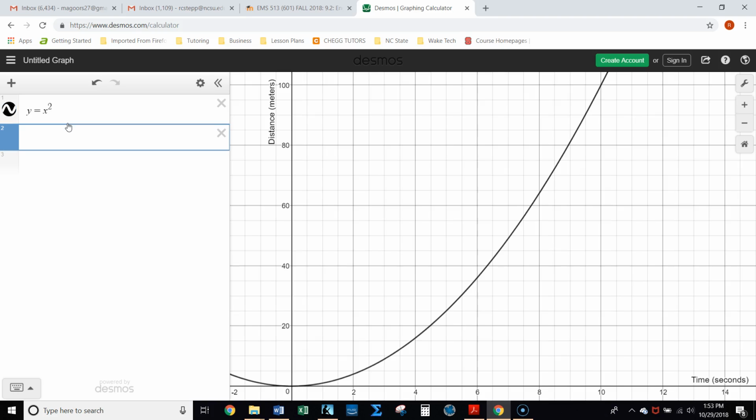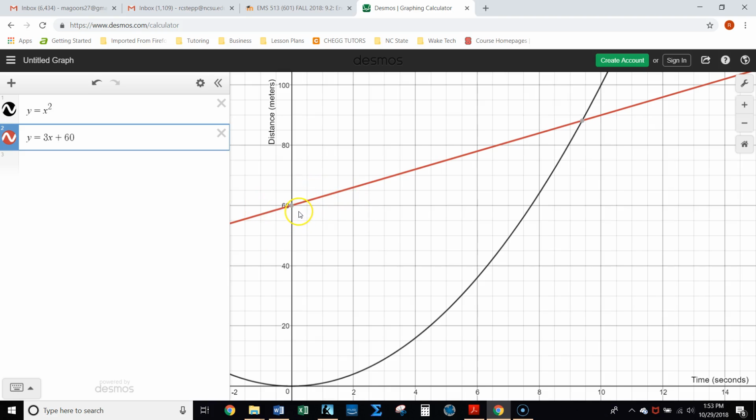Then the turtle, I came up with y equals 3x plus 60. Because he started at a distance of 60, remember the y-axis here is distance in this problem.